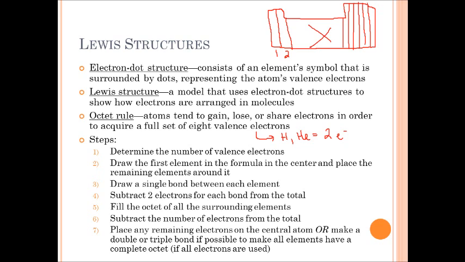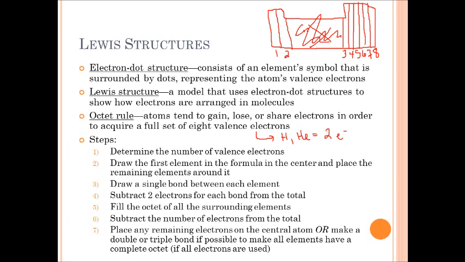We're going to skip these guys. Group 13 has 3, group 14 has 4, group 15 has 5, group 16 has 6, group 17 has 7, group 18 has 8. So you just count straight across, skipping the transition metals in the middle there, and that will give us the number of valence electrons.